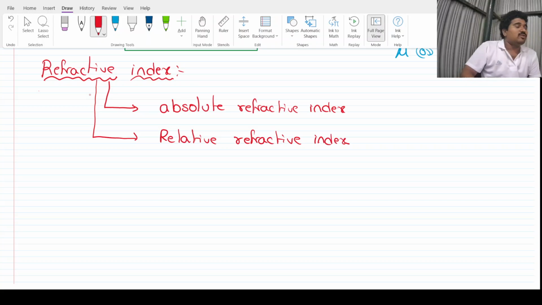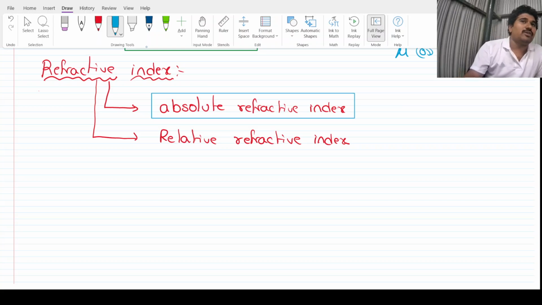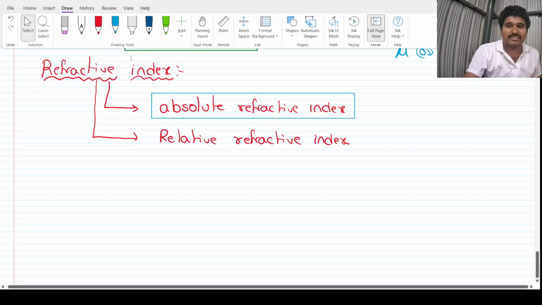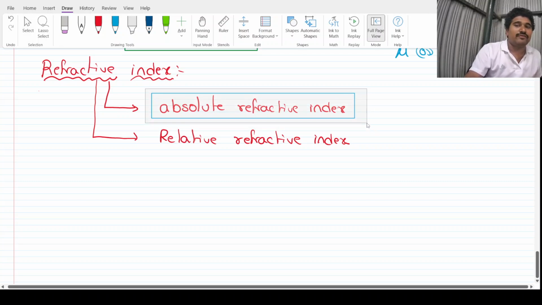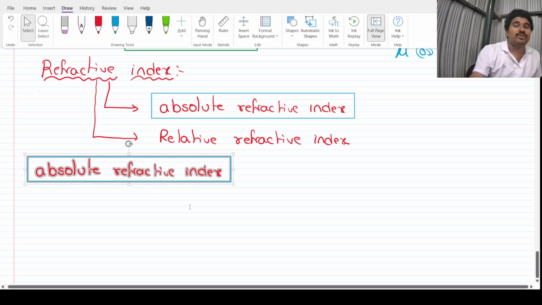Understand? Relative refractive index. Now we'll talk about this absolute refractive index first. Absolute refractive index. So please take that small title, absolute refractive index.